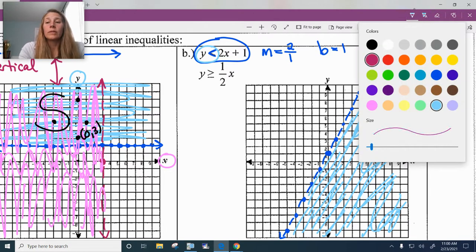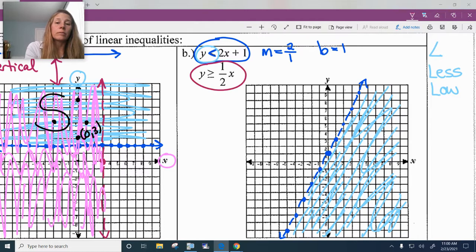So now when we go to do the second inequality, this time my slope is 1/2. I don't have a visible y-intercept, so I know that it's 0, and I'm going to begin at the origin. Then I'm going to go up 1 and over 2, up 1 over 2, up 1 over 2.